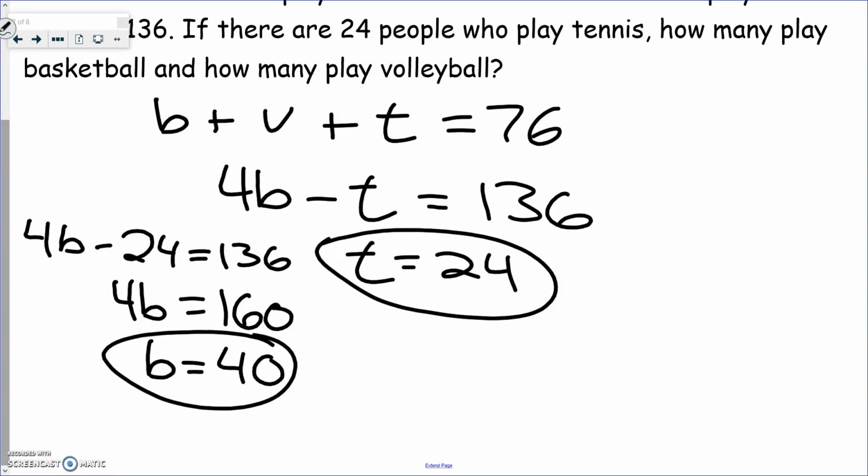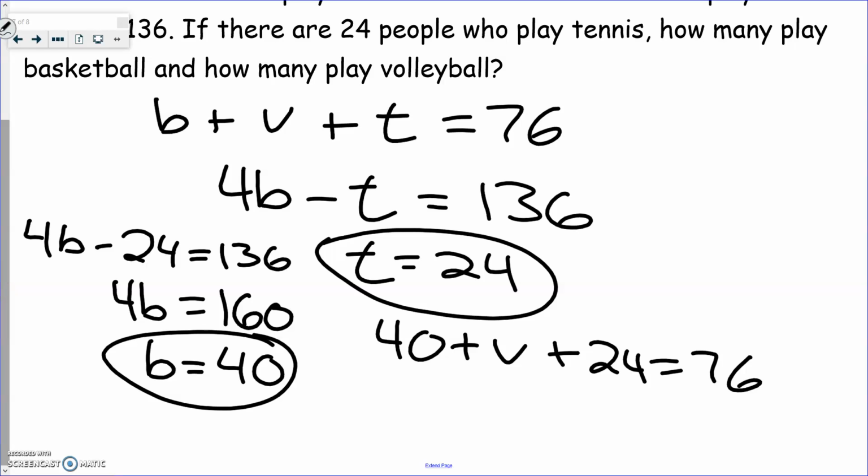Now I go ahead and plug those 2 numbers into my top here. I've got 40 basketball players. I have no idea how many volleyball players yet. I have 24 tennis players. And remember that is equal to 76. You go ahead, you combine your 2 numbers there.